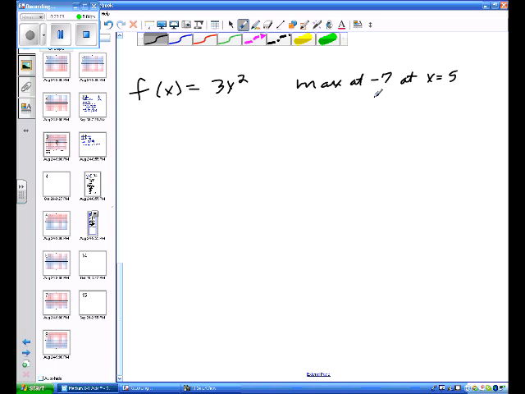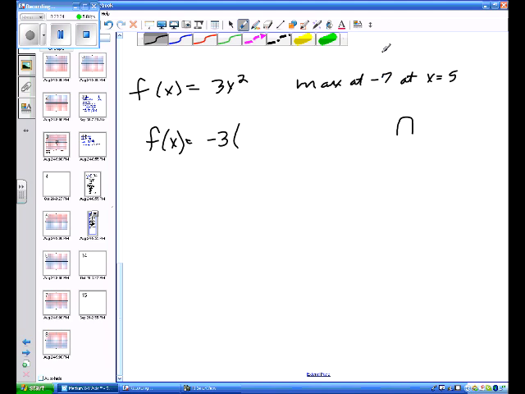Okay, now if it's a maximum, then that means it's going to open down. So that means that we're going to have to use a -3. So our equation's going to be f of x is equal to -3 times x minus h squared plus k. Now, the maximum's -7.